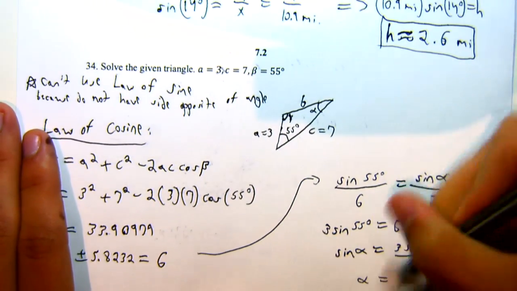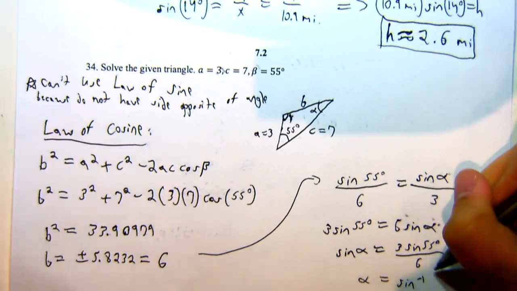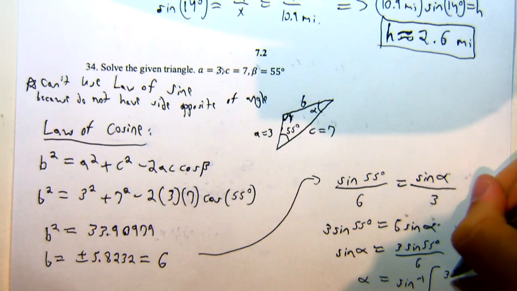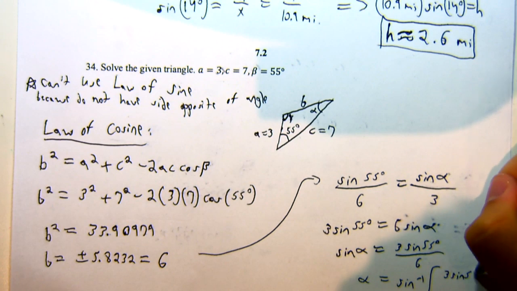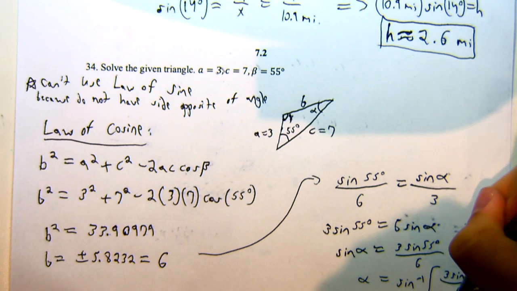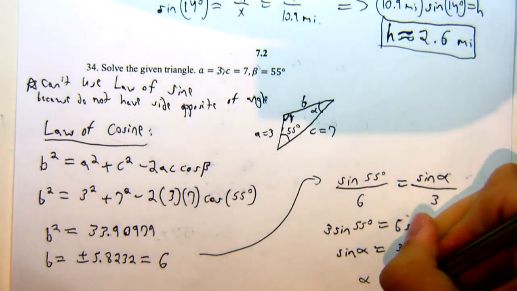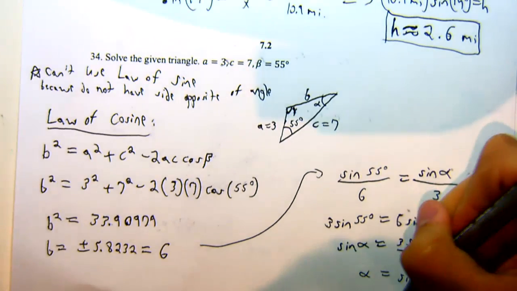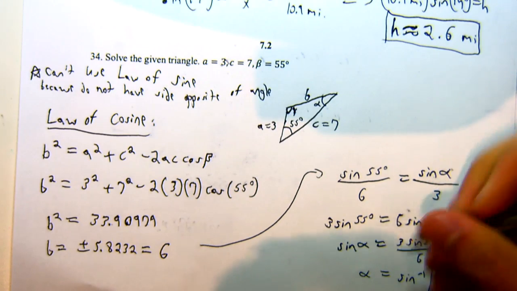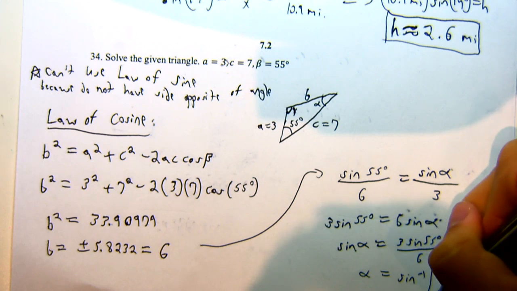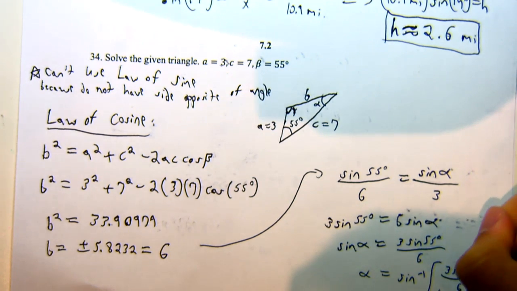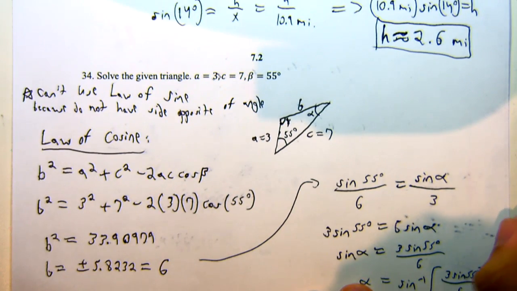And we know alpha is equal to the inverse sine of that whole mess there. So we end up getting 24.17820 degrees, which is approximately 24 degrees.